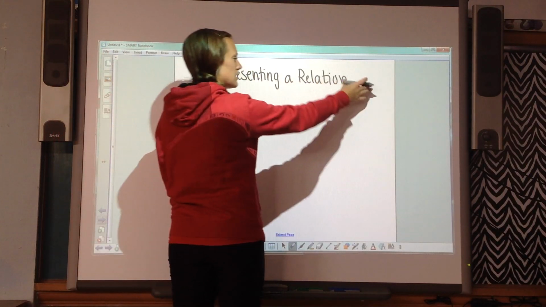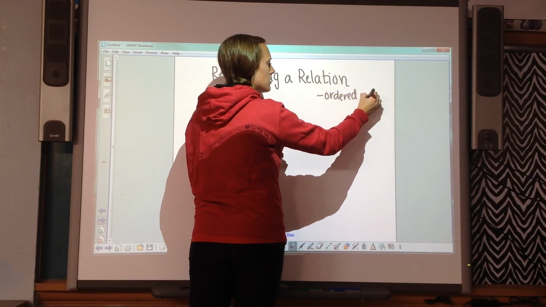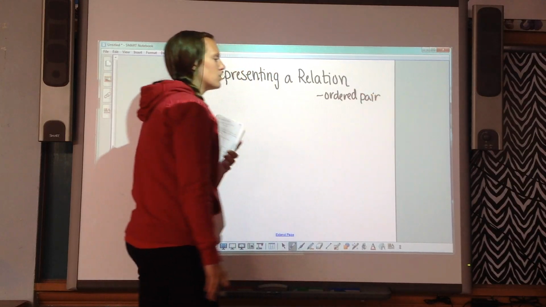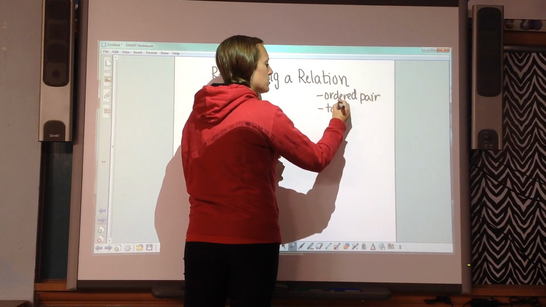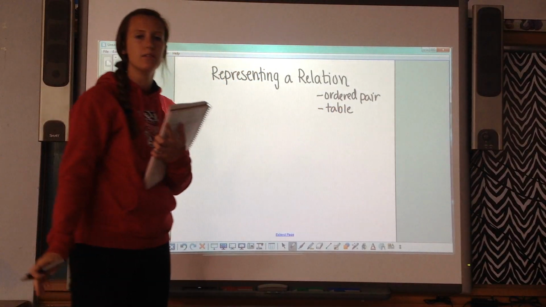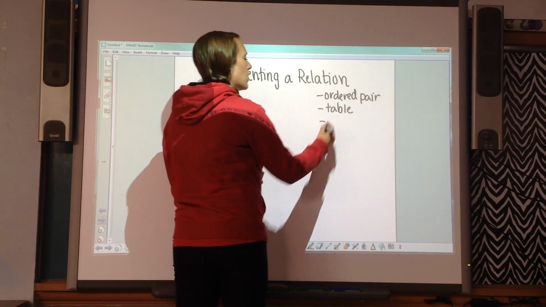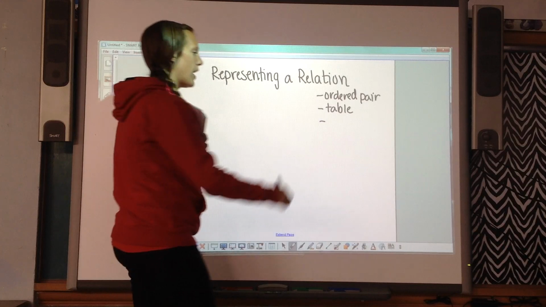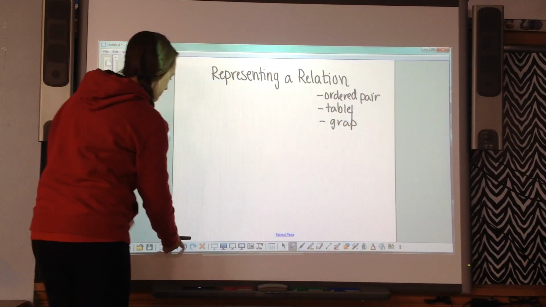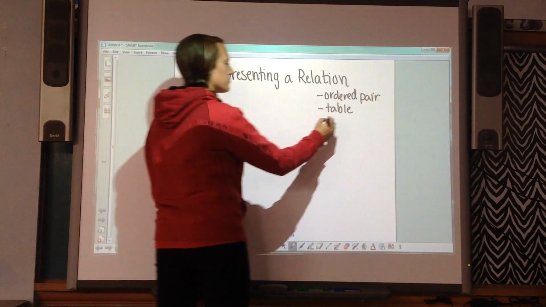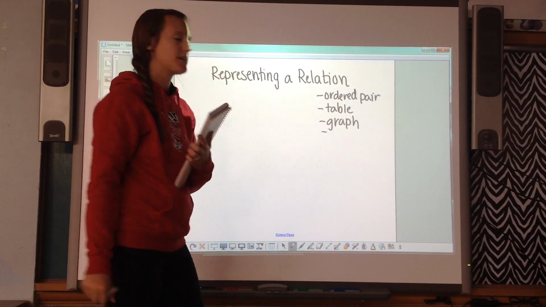One way, I'm just going to list them over here, is to use ordered pairs, which they're going to be giving to you here. Another way is using a table, and in the last example they listed the relation in a table, and then we could identify the domain and range. On your homework, you're going to be using a graph, you'll also be using a mapping diagram.